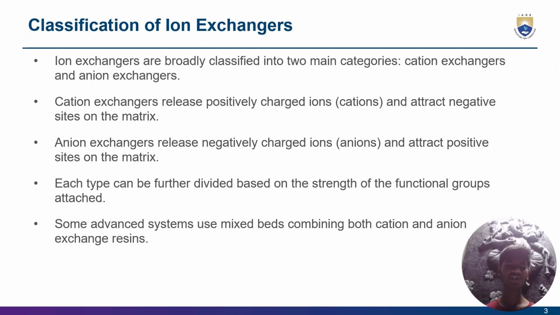Next, classification of ion exchangers. Ion exchangers are broadly classified into two main categories: cation exchangers and anion exchangers.